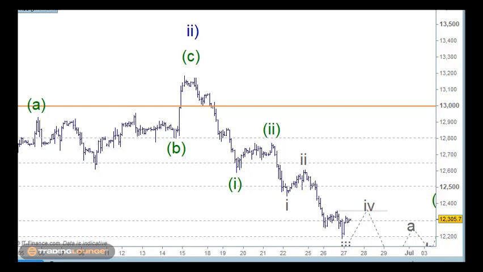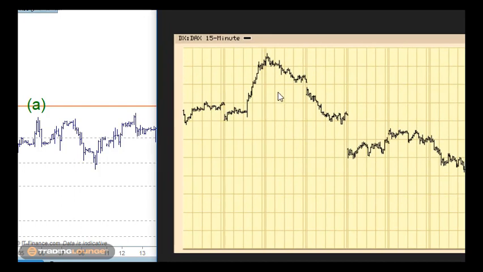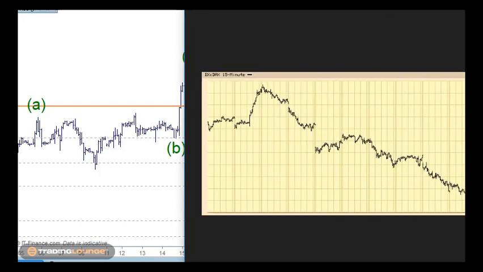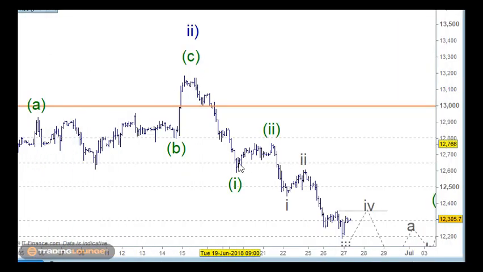So I just want to show you why I've got this labeled as wave 1 down here, on the cash market. So this is the cash market here. That's the top, and we've got a nice 1, 2, 3, 4 and 5 here. So that counts quite nicely as wave 1 here. That's why I've got this as wave 1.